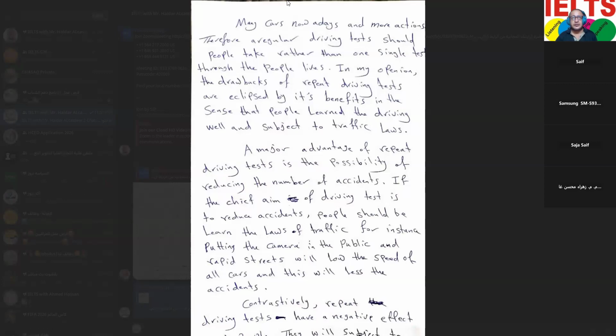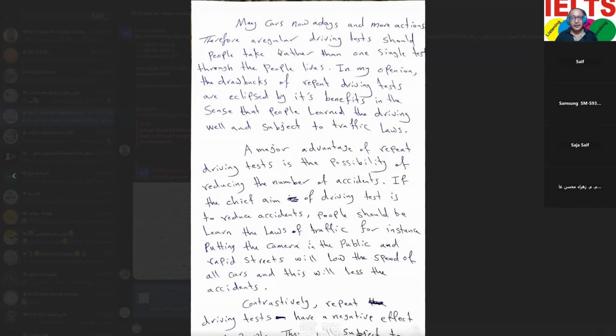Yes, many cars nowadays. Nowadays should be written as one word. And more actions? No. It does not say more actions, because the question says more accidents. Therefore, it should be followed by a comma.